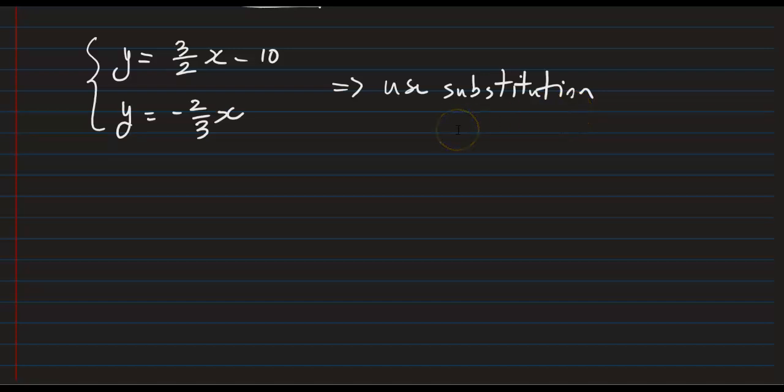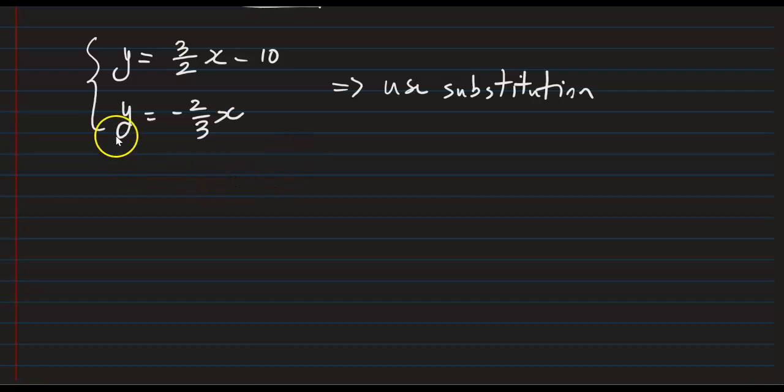I will not solve this system algebraically, but I will link a video to review how to solve a system of equations using substitution. You can click on that, review it, and come back. It's not very hard. Just substitute for y and go ahead and solve. But for the purpose of this example, I'm going to show you the graphic method.